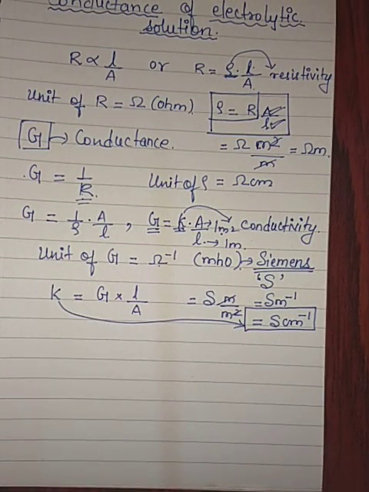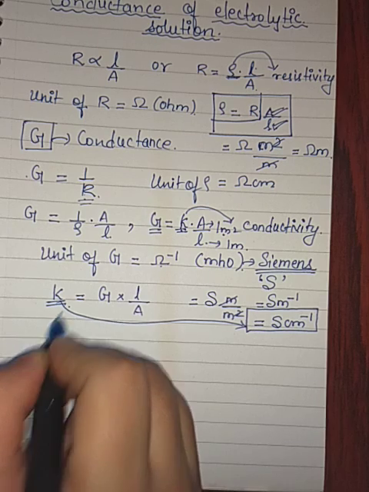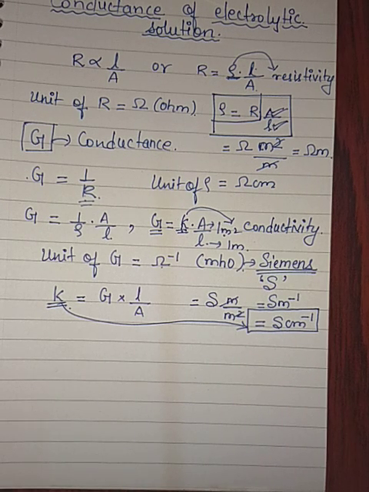Now let us talk about how conductivity differs for metals, non-metals and metalloids. That is, you can say conductors, semiconductors and insulators, because we divide the material into these three types depending upon their conductivity value, that is kappa value. So for metals, value of kappa is very high. For non-metals, it's very low.